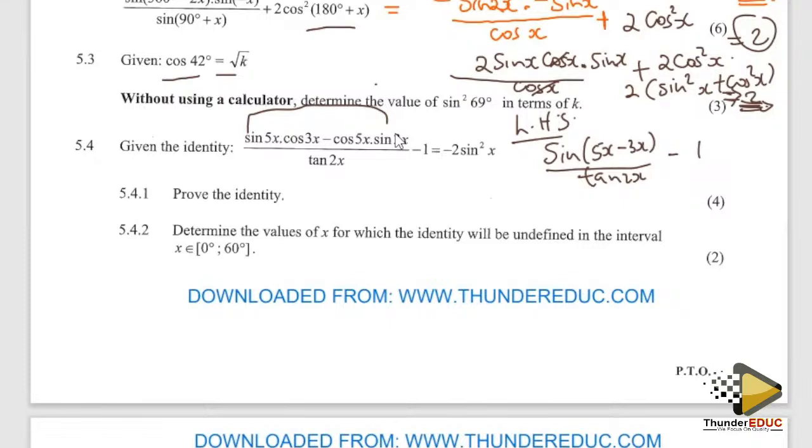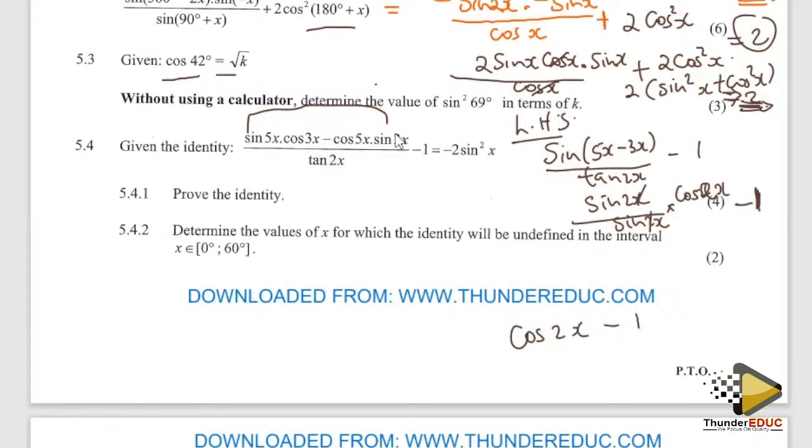So 5x minus 3x, that's going to be sine 2x. Then I can simplify this to sine 2x times cos 2x minus 1. Then I need to cancel this out, cancel that out. I'll be left with cos 2x minus 1.